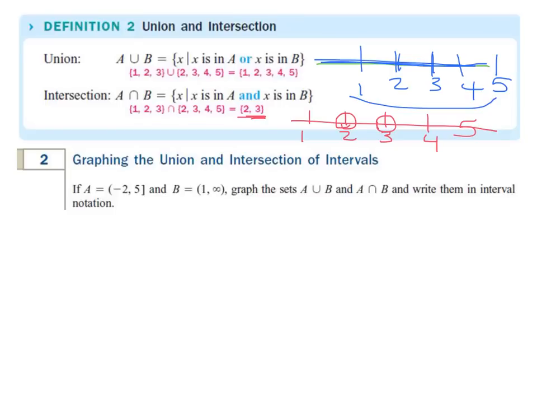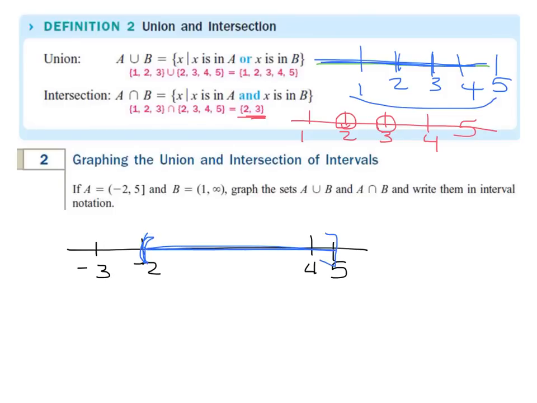It says if A is from -2 to 5, so let's see what we've got. We've got -3, -2, and then we've got 4 and 5. So we're going from -2 to 5. It's everything in here. And B is 1 to infinity.